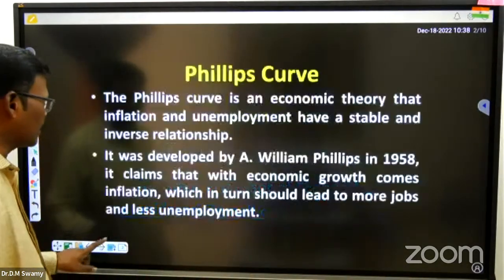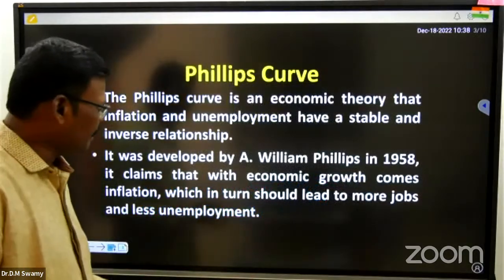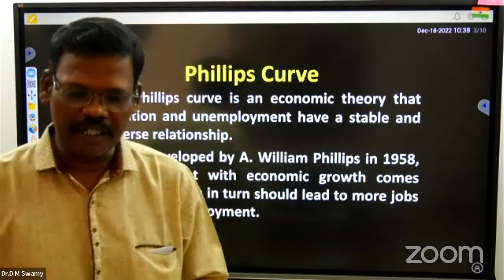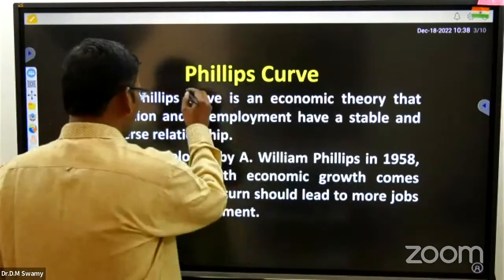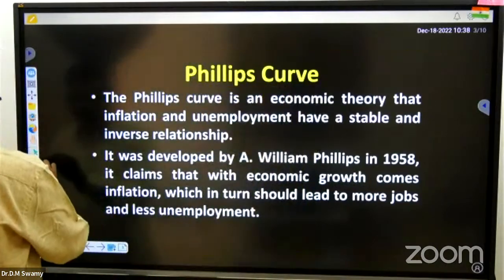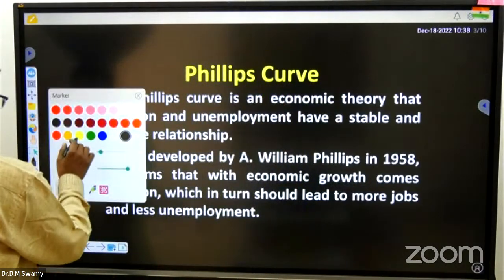Theoretically, when we are talking about the concept of inflation, there is one concept we have to understand, called the Phillips curve.